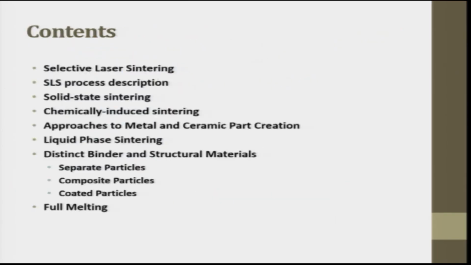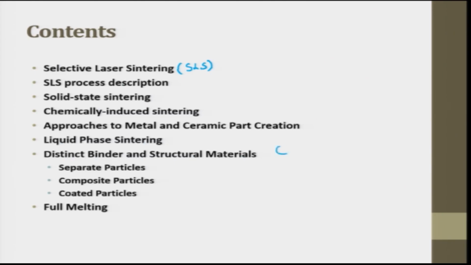In this lecture we will cover the selective laser sintering process, called SLS. SLS process description will be there. Then we will see what is solid state sintering. Then chemical induced sintering. Then approaches to metal and ceramic part creation. Then liquid phase sintering. Then we will see about distinct binder and structural material.